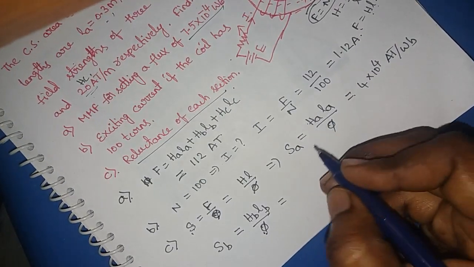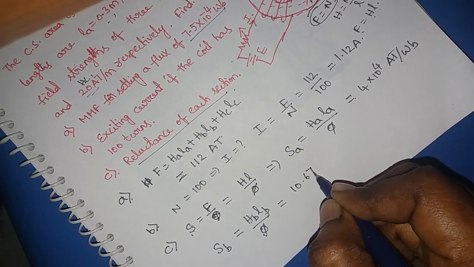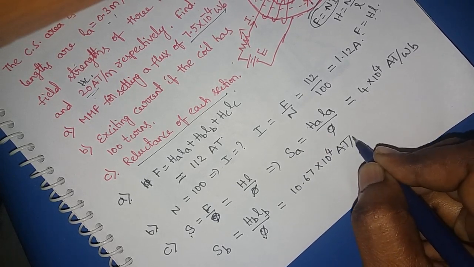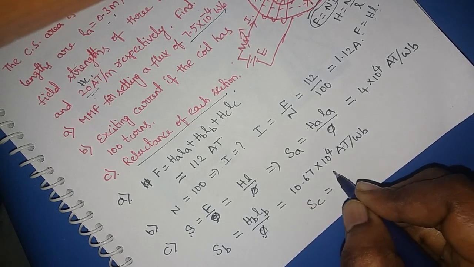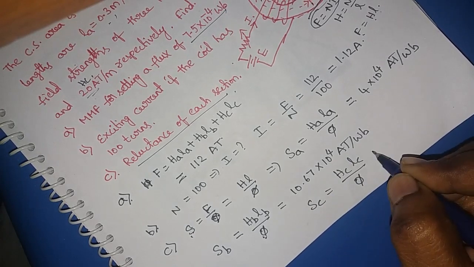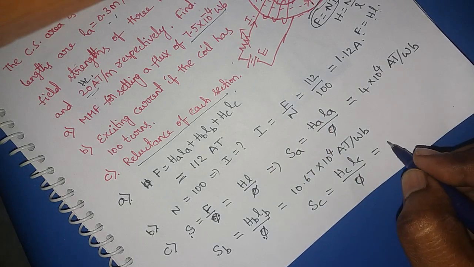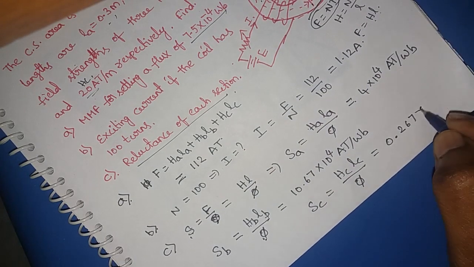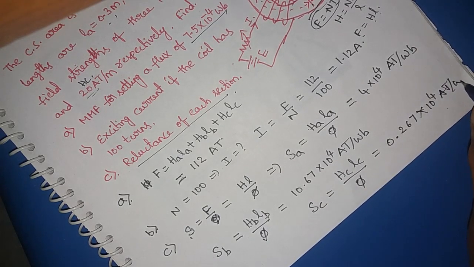Then you get 10.67 into 10 power 4 ampere turns per Weber. And similarly SC is HC LC by phi. If you substitute all the values, you will get 0.267 into 10 power 4 ampere turns per Weber.